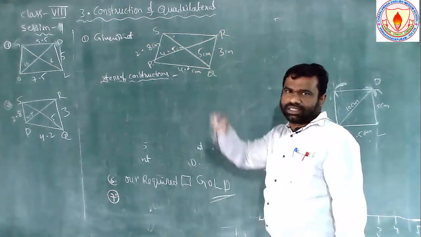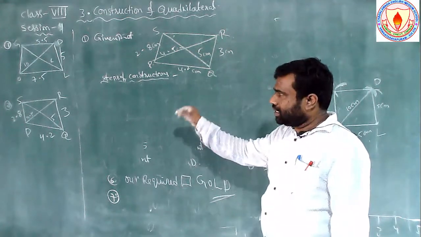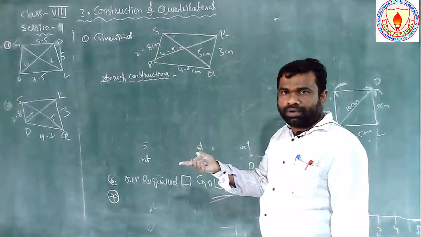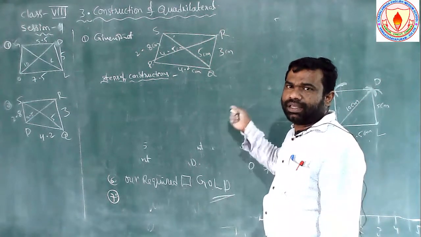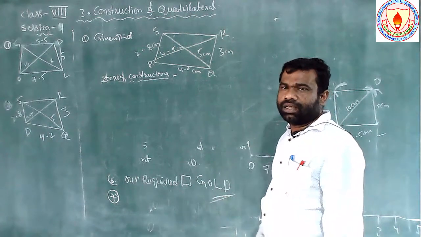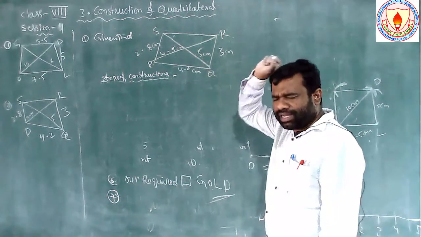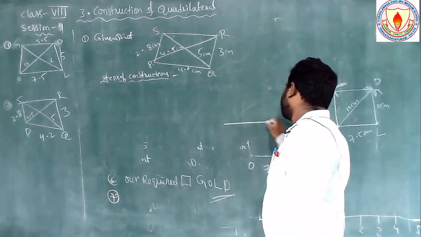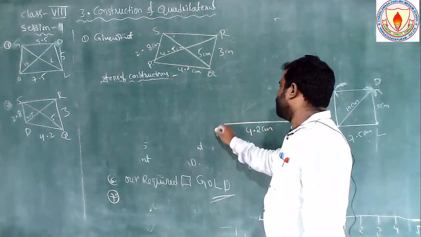First of all, you have to take base PQ. You have to write the steps of construction in your own way. Third exercise, second problem, we will discuss now how to do the construction. See, first of all we have to take the base PQ, 4.2 centimeters.